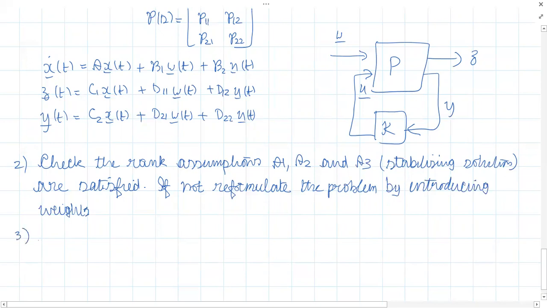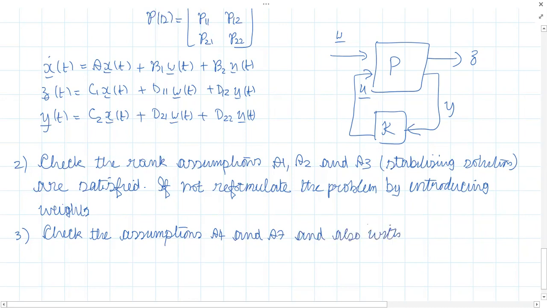3. Check the assumptions A4 and A7, and also A5. What is the A5th assumption? B1 D21 transpose not equal to 0, and D21 D21 transpose not equal to identity.